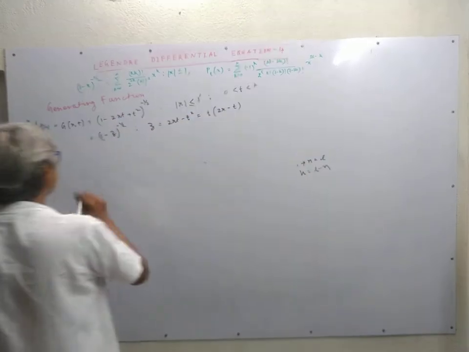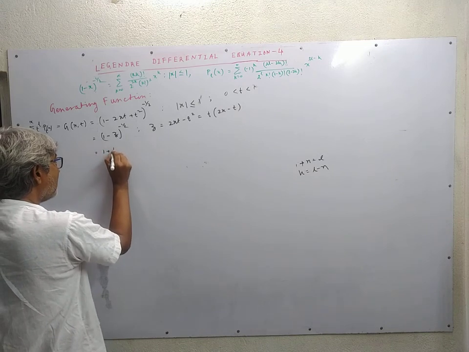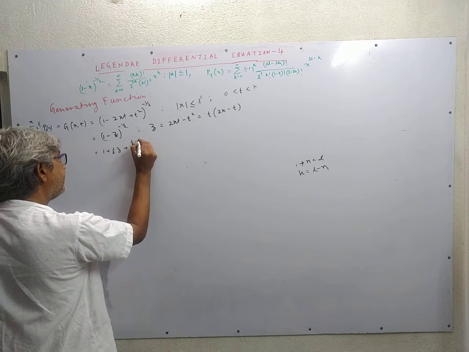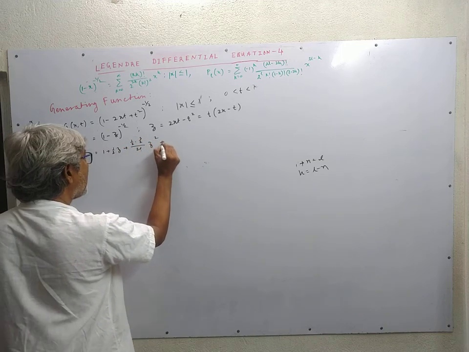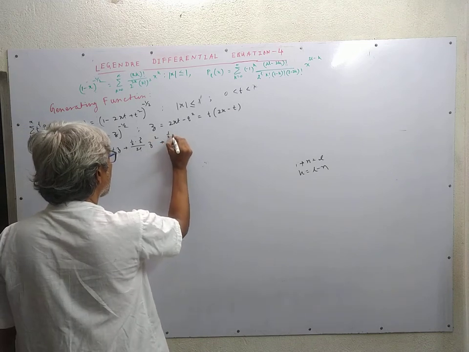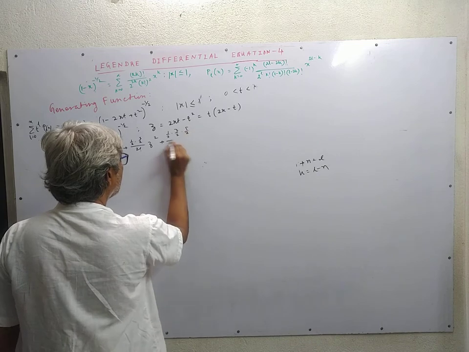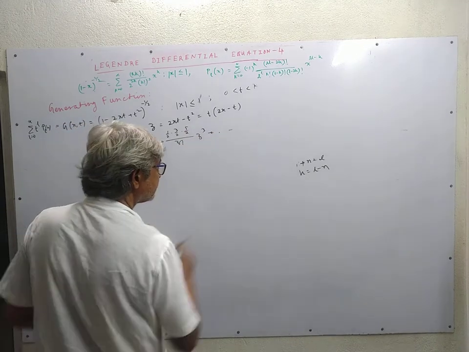Now this expansion is 1 plus half z plus half into 3 by 2 by factorial 2 z square and so on and so forth.